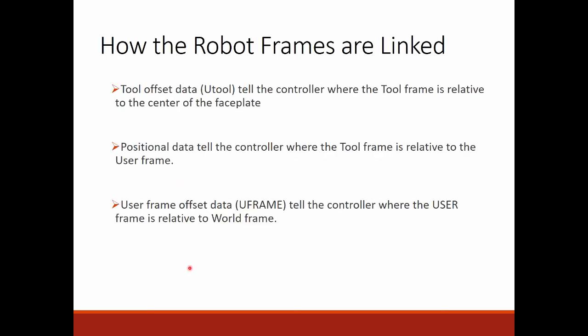All right, now let's look at the robot frames and how those are linked in our motion instructions. So, like was mentioned earlier, any position that we have that is taught, with the exception of position registers, has a user frame and a user tool or tool frame that are connected with that position, and it uses the information of those to decide where that point is relative to the robot.